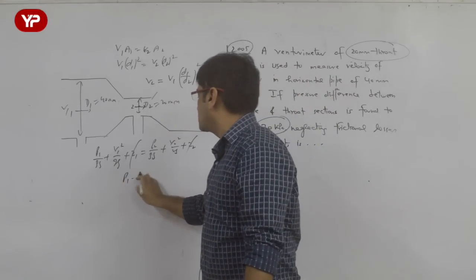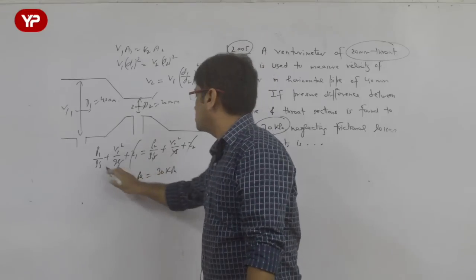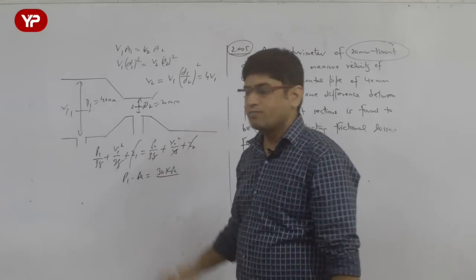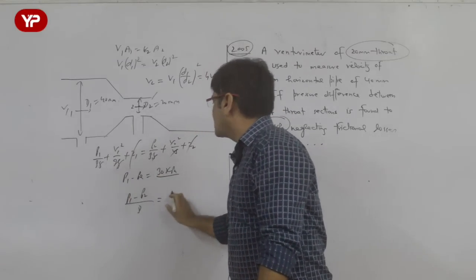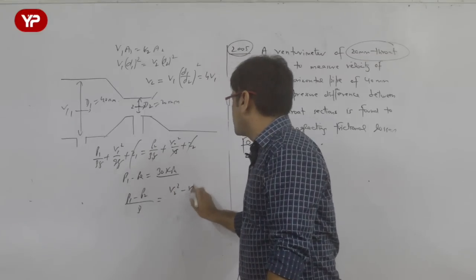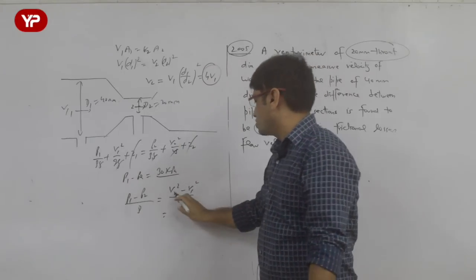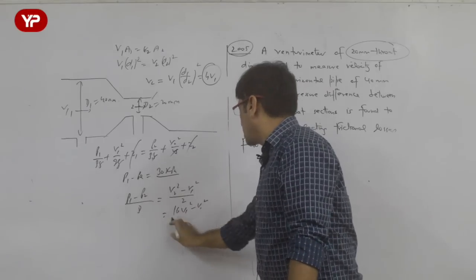Now P1 minus P2 is given as 30 kPa. I cancel g throughout. Now let's put it this way. P1 minus P2 by rho is equal to V2 square minus V1 square by 2. Now what is V2? 4 times V1. So that whole square will become 16 V1 square minus V1 square by 2.